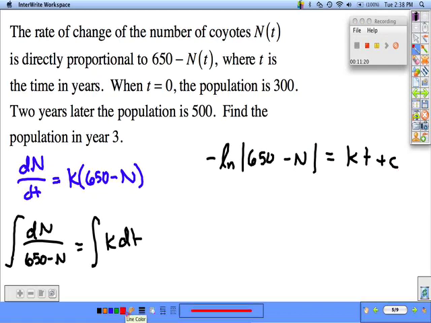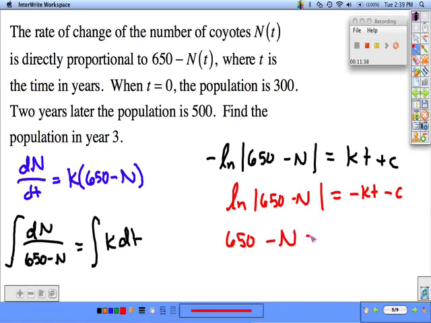And in an effort to simplify things, we can move the negative to the other side. Natural log of 650 minus N equals negative kt minus c, and now we can change to exponential form. e to the negative c is just another constant.